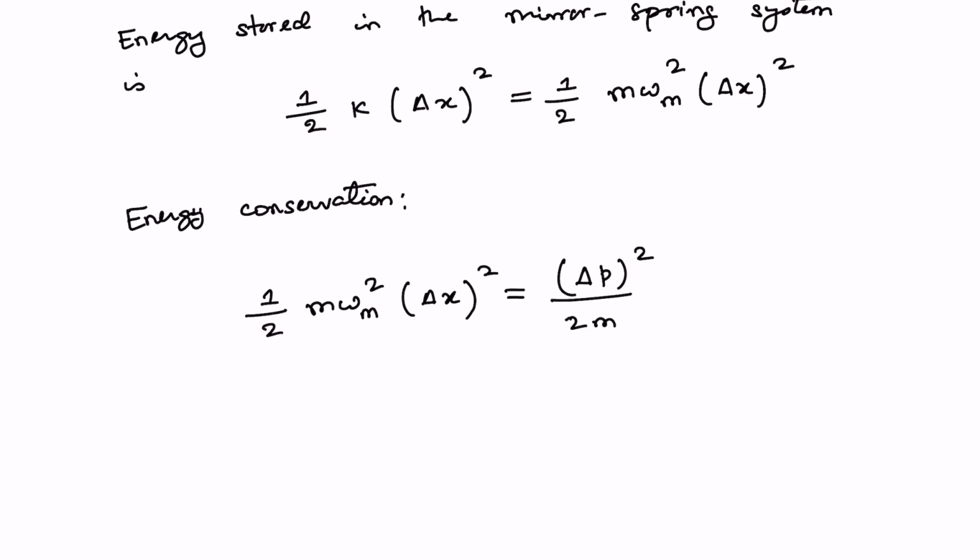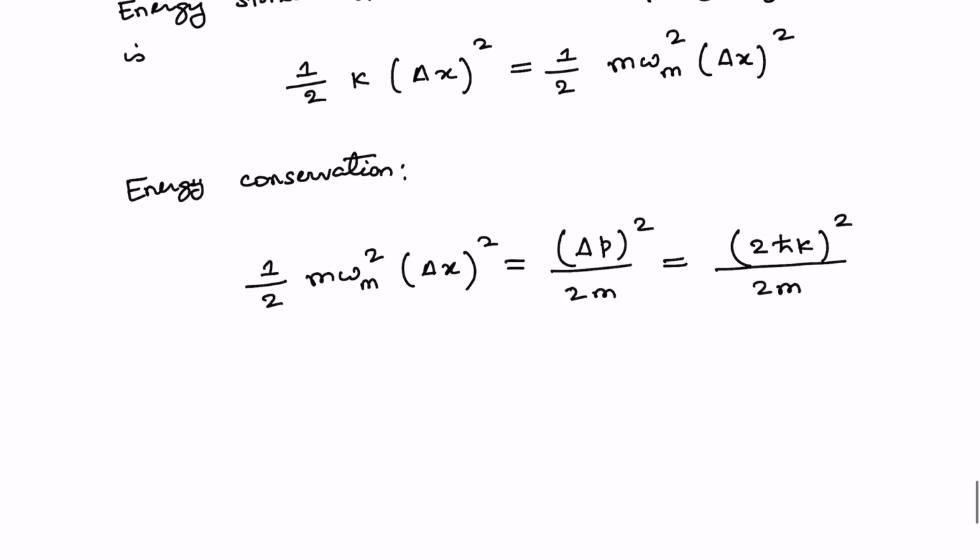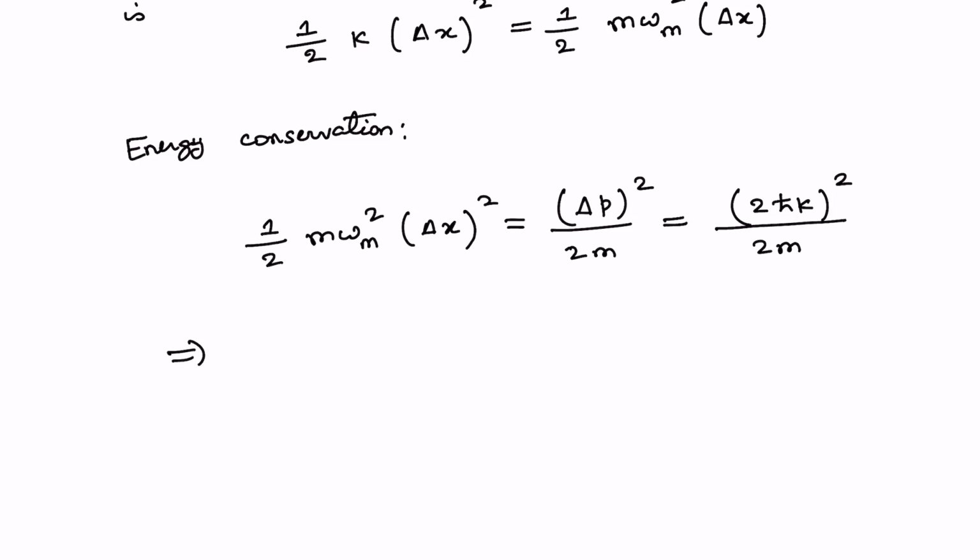Alright, so this is what I have, and delta p is equal to twice h bar k, whole square divided by twice m. Okay, from here I can write delta x square, some algebra I have to do.